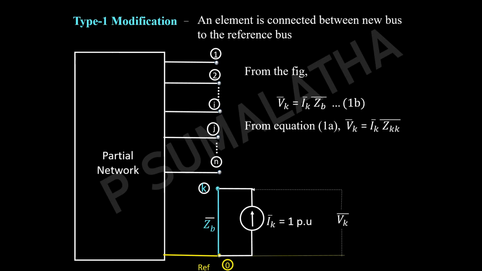Now if you compare, because both equations represent the same thing, that is the voltage across the kth node, Ik and Ik are the same, and you can compare ZB equal to Zkk. Therefore the diagonal quantity Zkk is just the branch impedance.